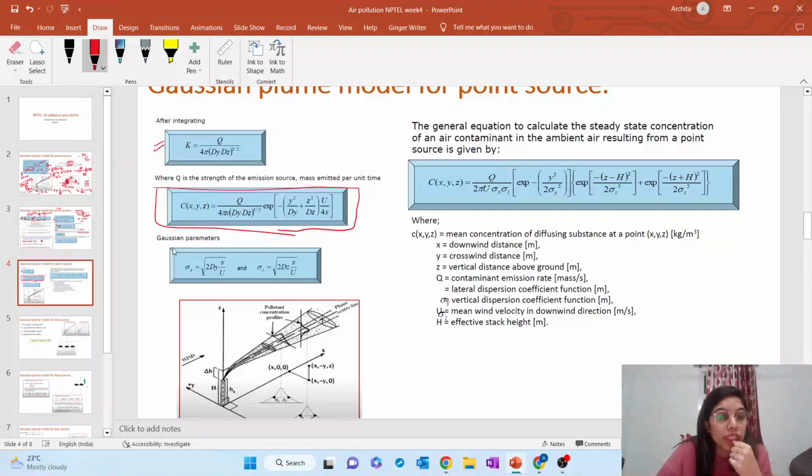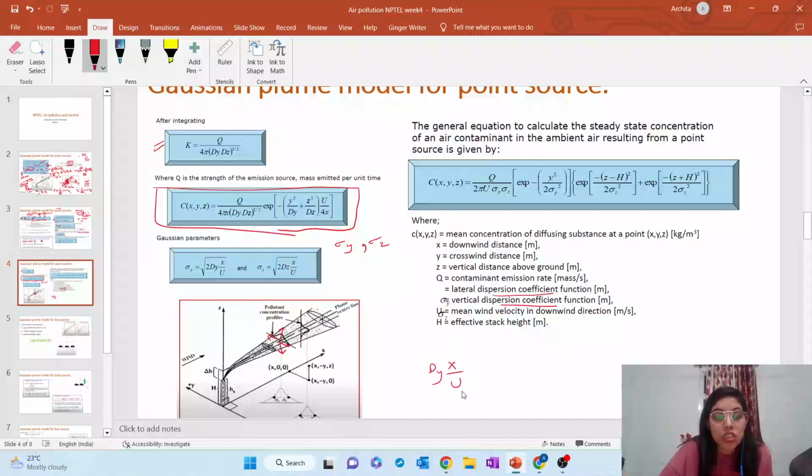Now they also found sigma y and sigma z. Sigma y and sigma z are dispersion coefficients, that is, how much the particle or the emission is dispersing in these directions. In the dispersion coefficient, all you need is how much diffusion there is, and x by u is constant.